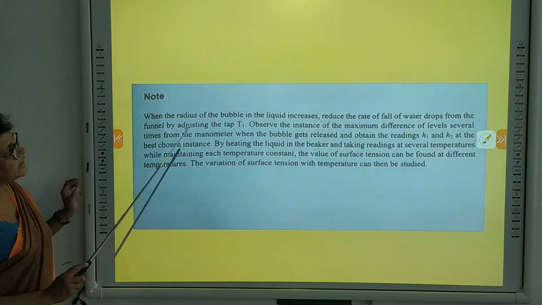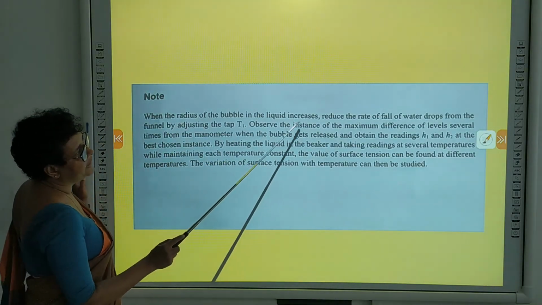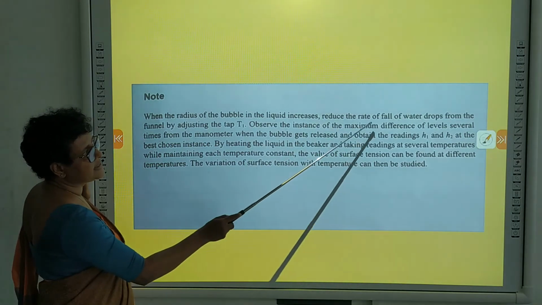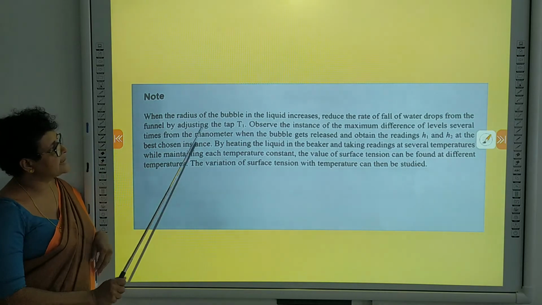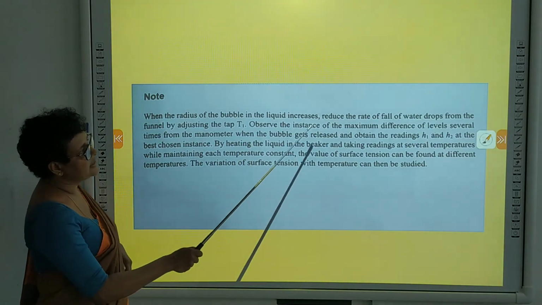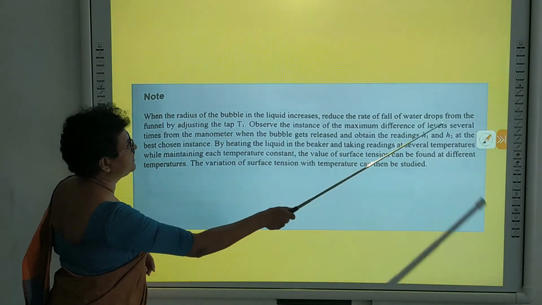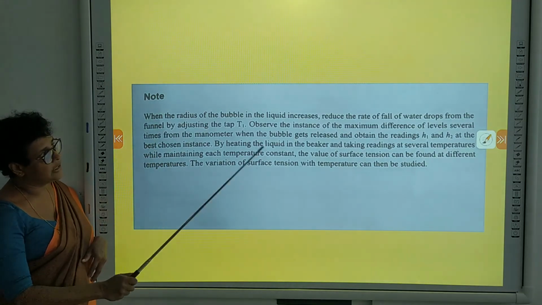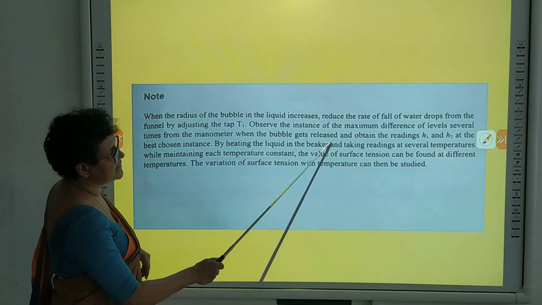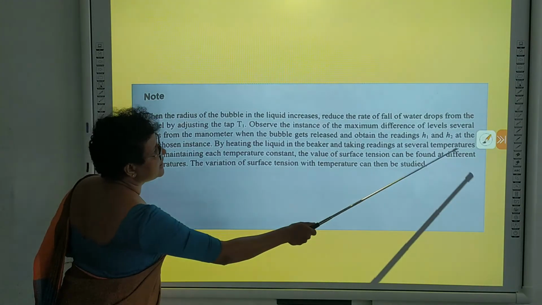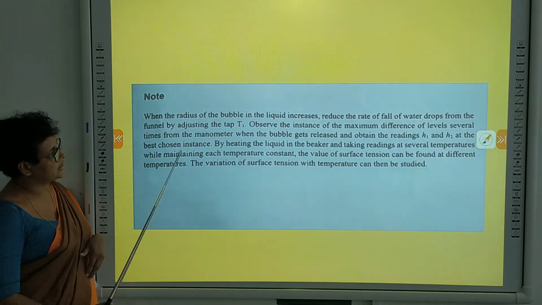Note: when the radius of the bubble in the liquid increases, reduce the rate of flow of water drops from the funnel by adjusting the tap. Observe the instance of the maximum difference of levels several times from the manometer when the bubble gets released, and obtain the readings H1 and H2 at the best chosen instance.